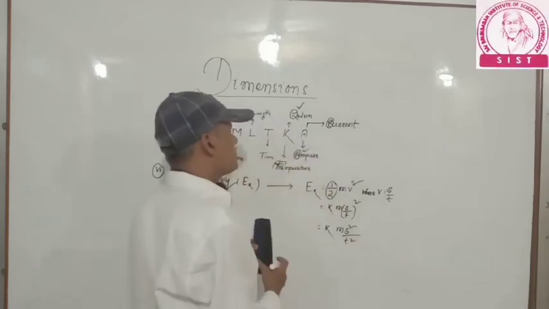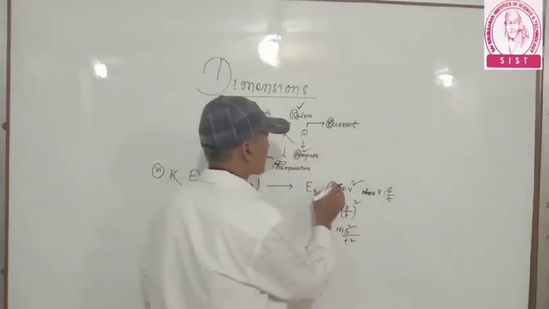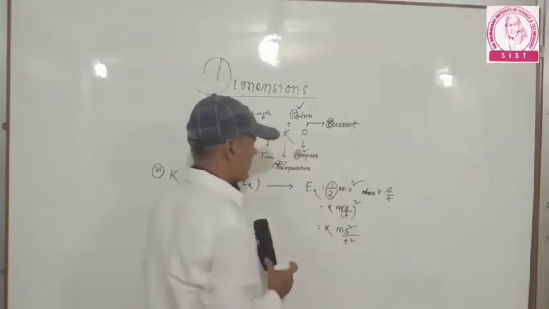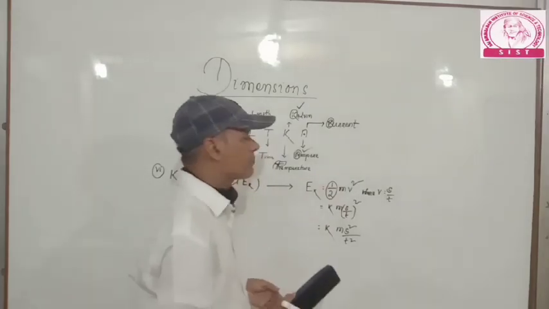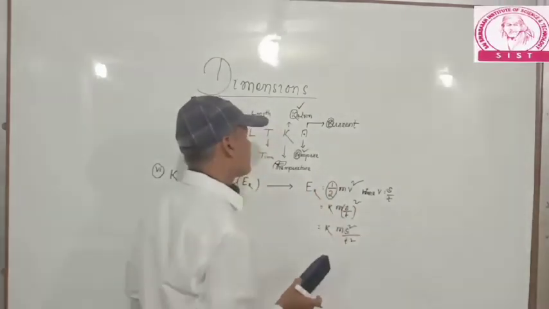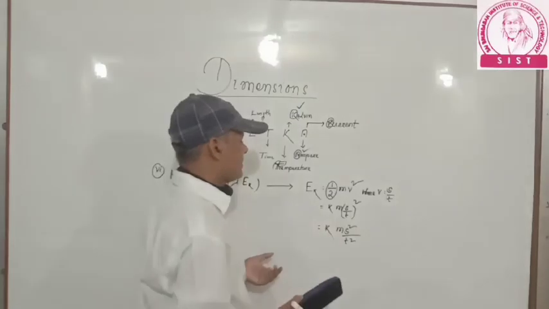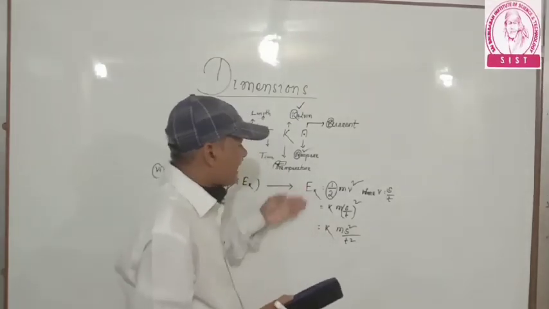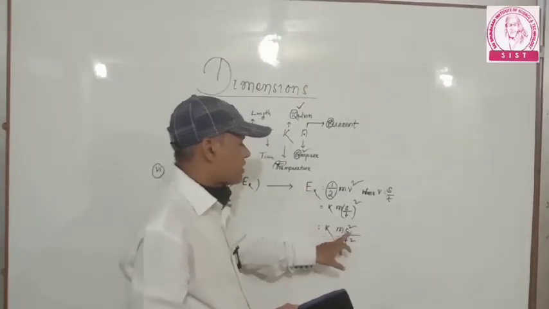Now you see, after simplifying, finally we get kinetic energy equal to K M S square by T square.